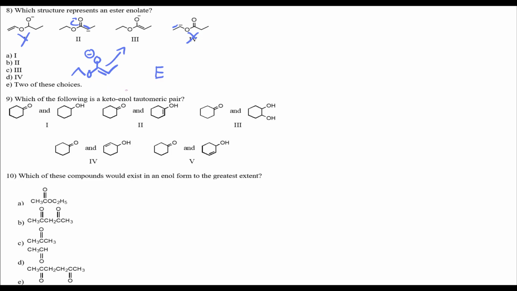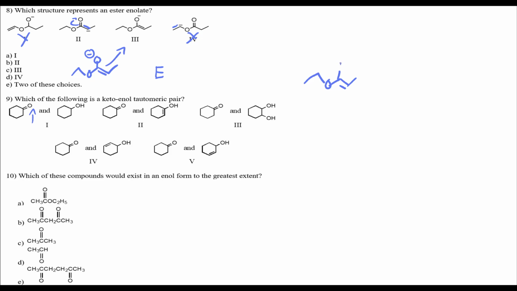Number 9, which of the following is a keto-enolate tautomeric pair? Obviously we need a ketone, so that's a ketone. But we also need an enolate. So basically, it's like this. We have an enolate right here. What if we made an alcohol?